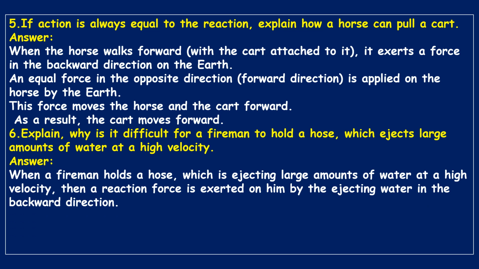As a result of the backward force, the stability of the fireman decreases. He feels it very difficult to hold that hose. He needs to apply more force to it. Here also Newton's third law is applied. Hence it is difficult for him to remain stable while holding the hose.